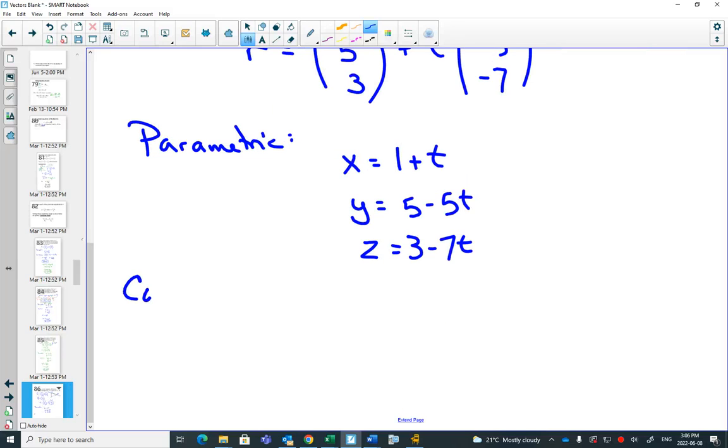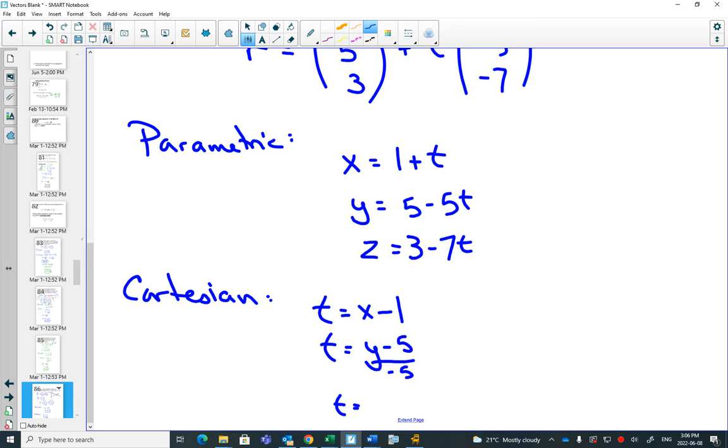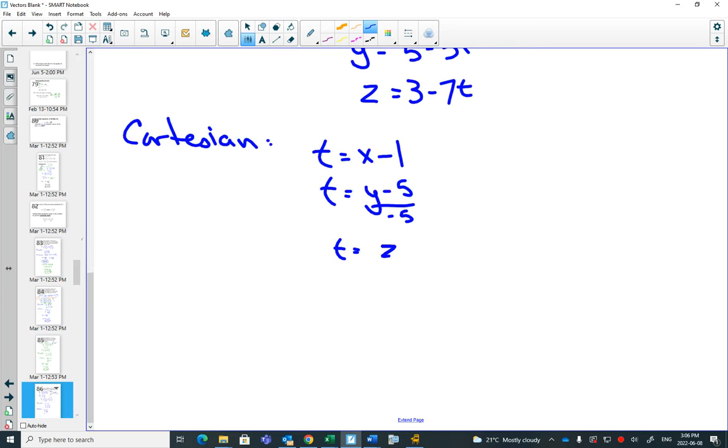For your Cartesian, solving for t, can you see that t is equal to x minus 1, t is equal to y minus 5 divided by negative 5, and t is equal to z minus 3 over negative 7.